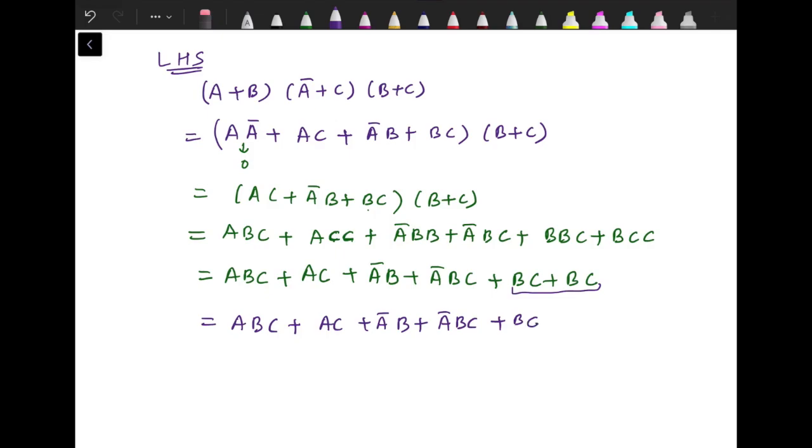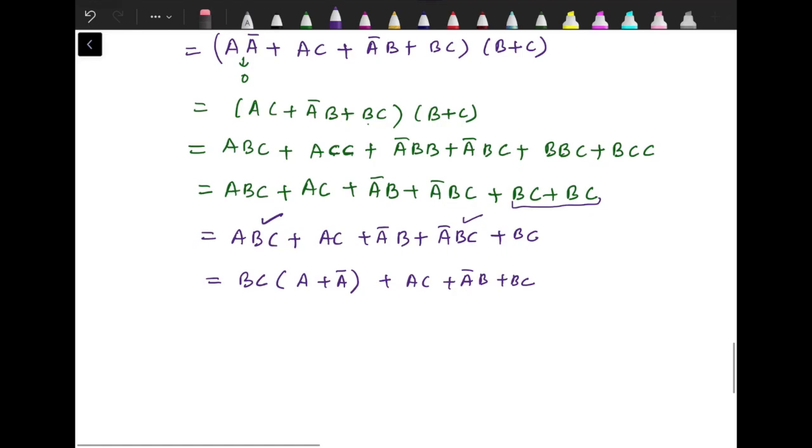So this is up to where we have reduced. Now what can we do? We can combine these terms. From these two terms, bc is common, a plus a complement we have, plus ac plus a complement b plus bc. A plus a complement is always 1.